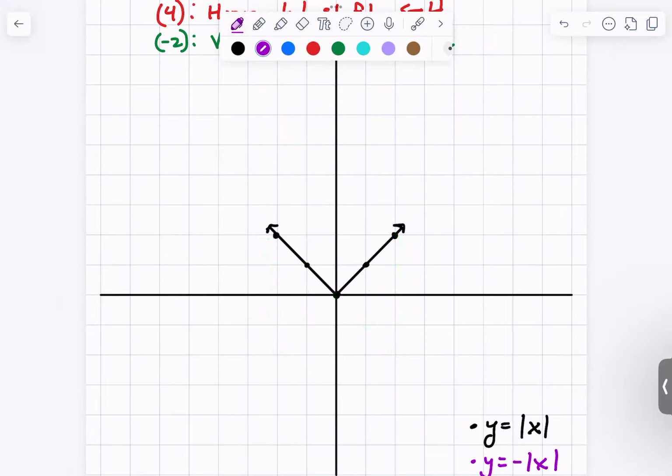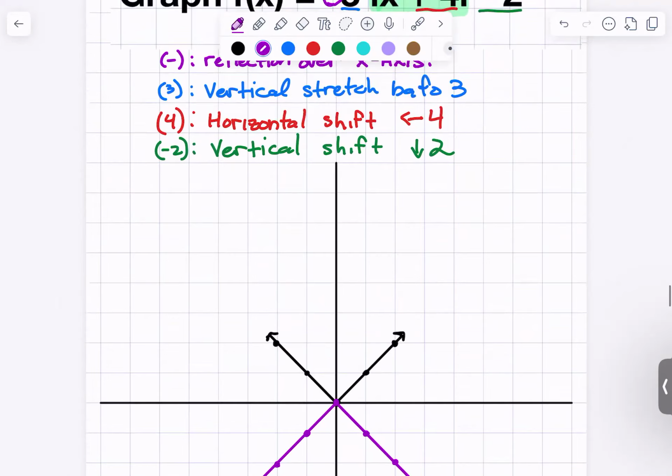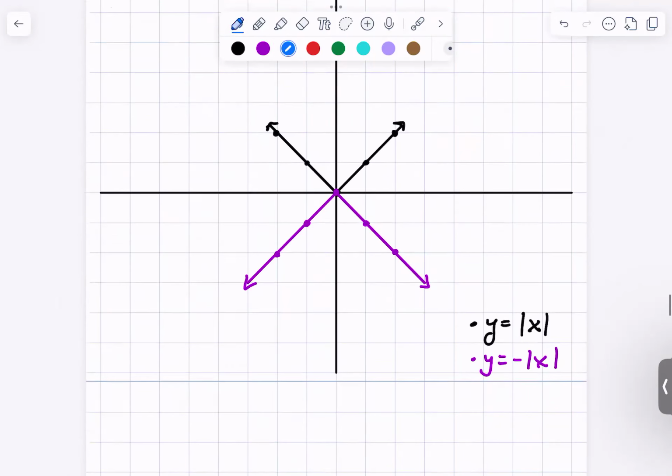So all of my points are going to be here. That's a reflection. Right? Okay. That's gonna be that.